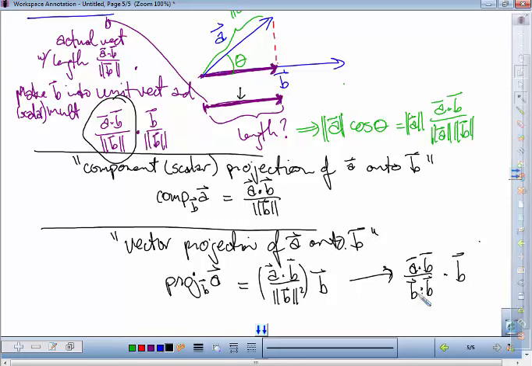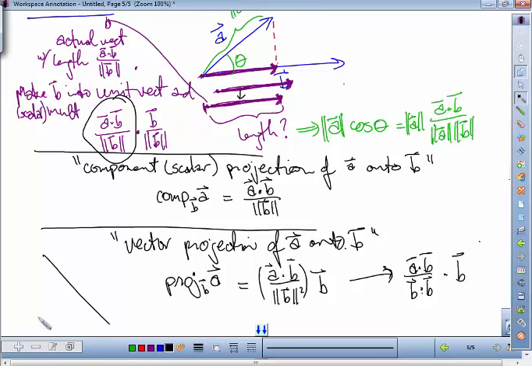For your homework, if you have a line and a point in space, and you're trying to find the distance between that point and that line, you're going to want the shortest distance, which is a perpendicular distance.